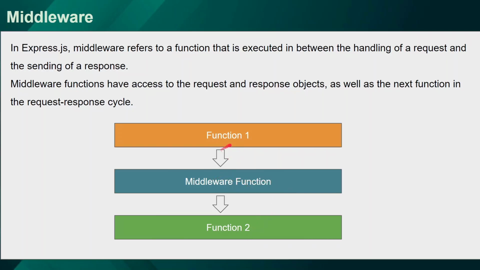But the most important thing is that function 1 or function 2 doesn't know about the existence of this middleware function. Which means if you want, we can even call function 1 to function 2 directly as well. And in special cases, we can call this middleware function when we are calling function 1 and function 2.